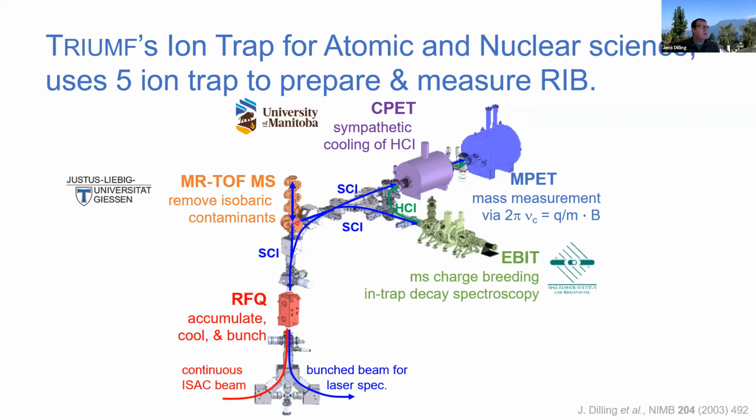And then it can be further delivered either downwards, injected in here and down again for laser spectroscopy, or upwards to the next unit, which is a so-called multi-reflection time-of-flight spectrometer, and then further and further, eventually to the Penning trap where the mass measurement is carried out.